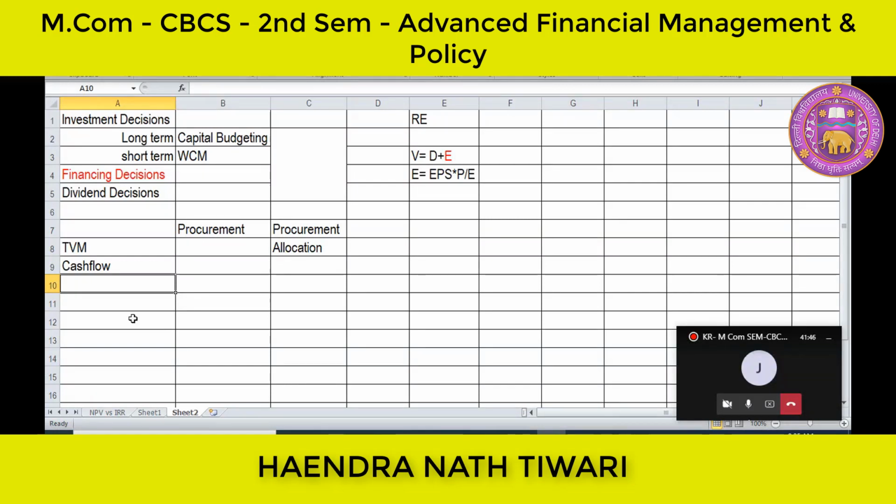Not the book profits, but the money. The book profit that you will report is subject to your decisions, subjective to your policies of depreciation, of inventory management, of credit management.